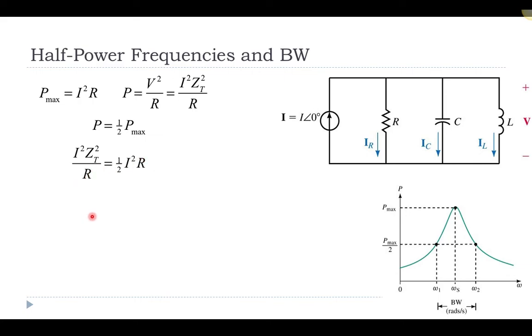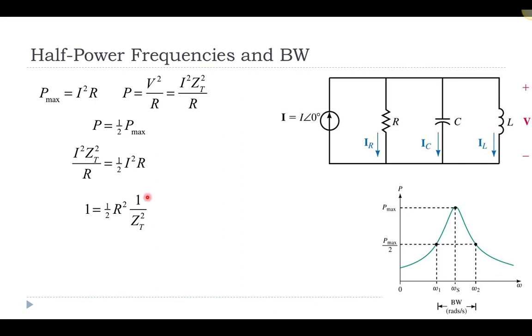We can plug in our values for the actual power and the maximum power, and we realize that the currents given here are both the currents of the source, so they cancel each other out. I can also cross multiply and bring my total equivalent impedance to the other side, and bring my resistance over.